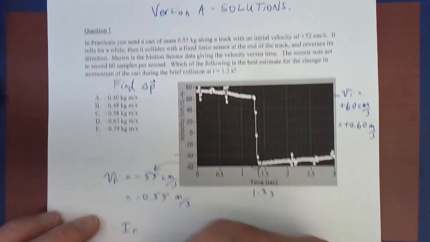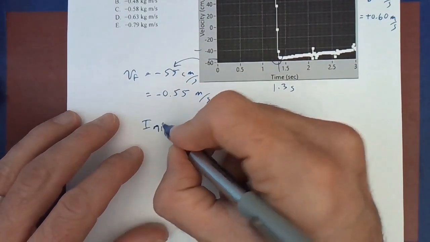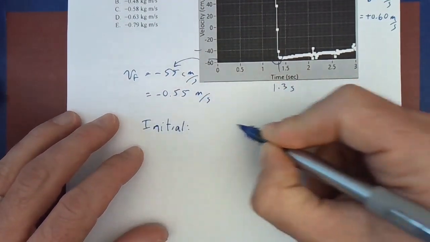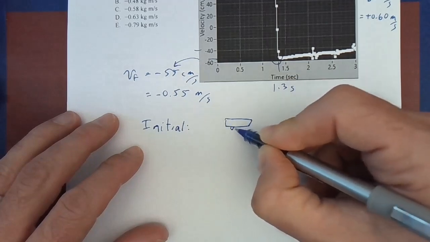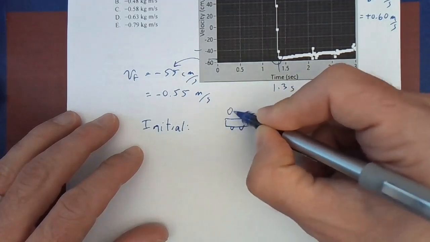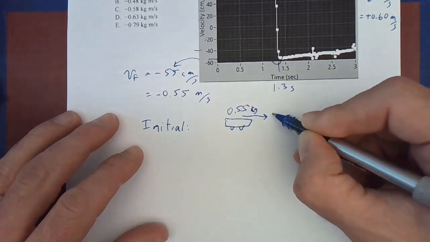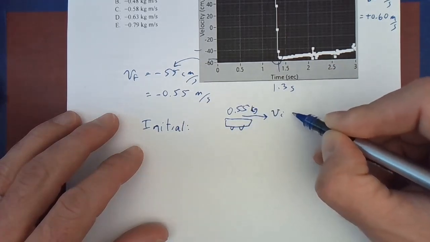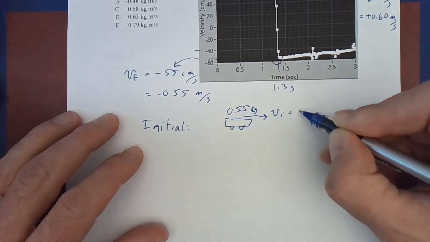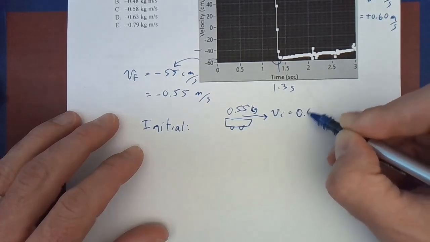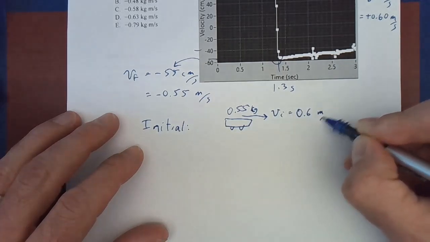So just to sketch this out a little, initially you've got a cart which is 0.55 kilograms and it's going to the right, and V initial is equal to 0.6 meters per second.